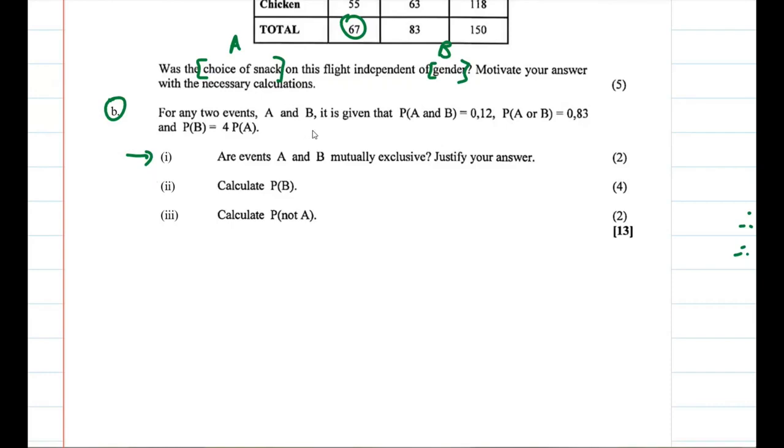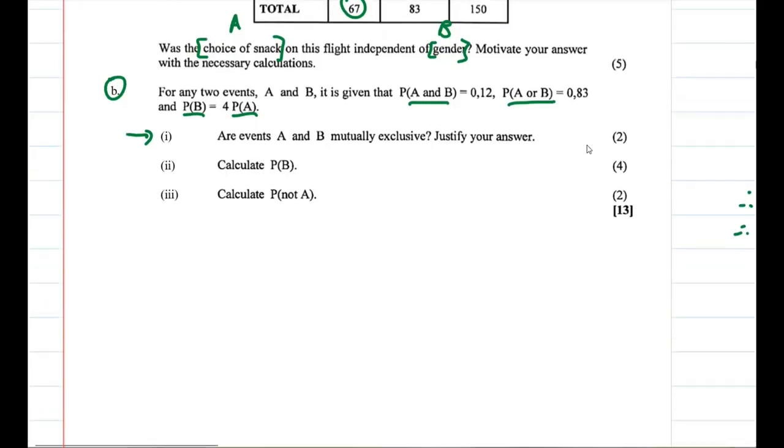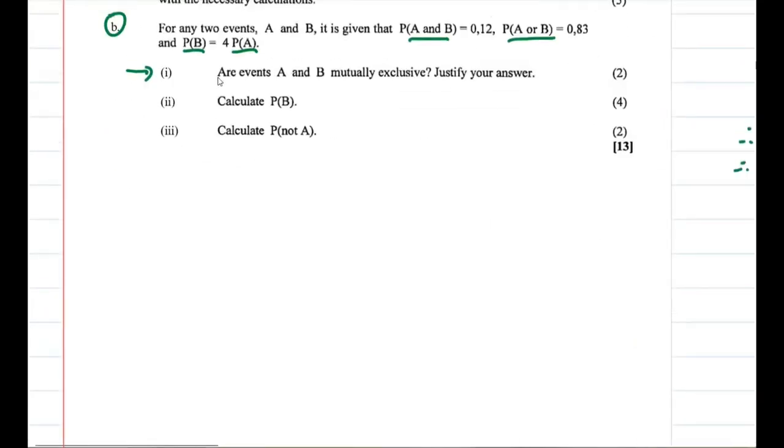So, first of all, we don't know what the probability of B is or the probability of A. Does that make sense? Yes. So, is there a way that we can figure out the probability of B and the probability of A if they already give you the probability of A and B and the probability of A or B? I mean, we worked with a formula earlier that contains A, B, A and B, and A or B. Can you remember that formula?